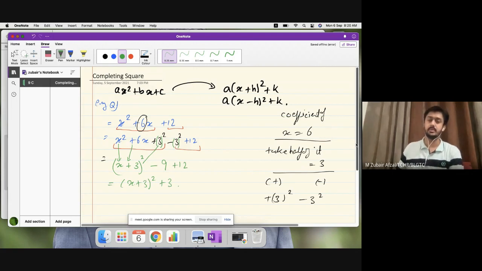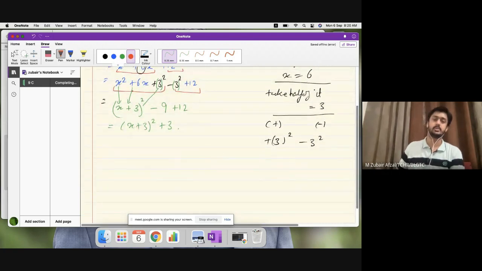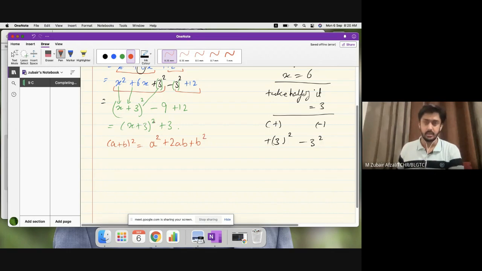If any one of you is having a confusion, how did we do that? Why is that so? So here is the reason. If you follow this, a plus b whole square, this used to be a square plus 2ab plus b square. You can ask question anytime you have any disagreement.